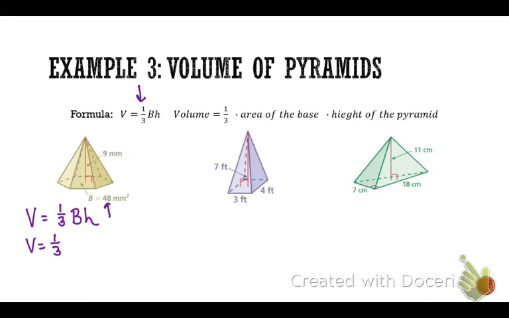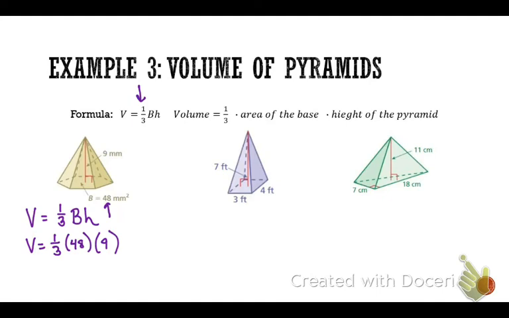So I just plug in 48. It already calculated the area of the base for me. So I plug in 48, and then I multiply it by the height of the pyramid. Just like with the 1/2, you could take 1/3 of 48, you could take 1/3 of 9, or you can multiply 48 times 9 and then take 1/3. But you want it divisible by 3.